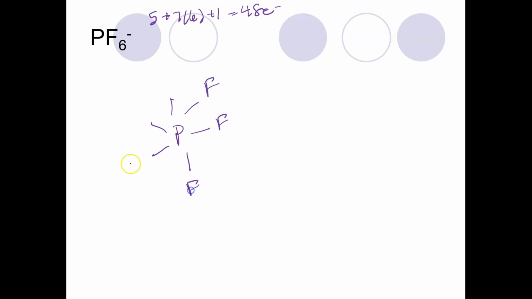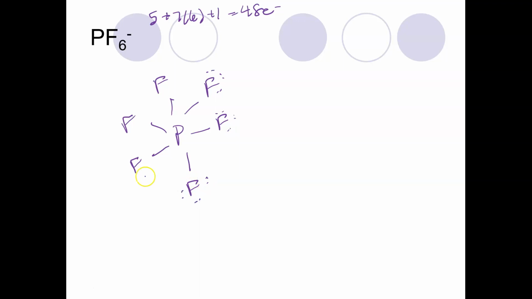Okay, so PF6 -1. We're going to draw the Lewis structure and then answer those same questions. So I'm going to get a little quicker at doing the Lewis structures. I might not talk out every single part of it. These are not coming out very nice.